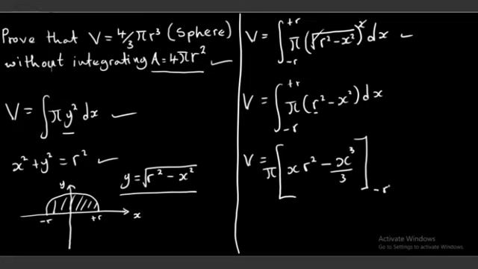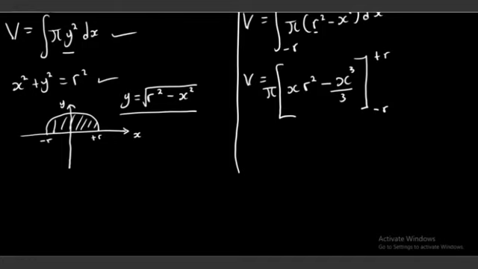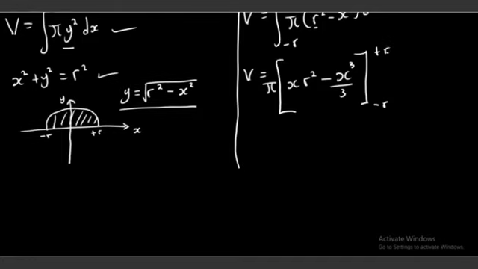So we are done with our integration, and what we need to do now is just to substitute the boundaries. That is, wherever you see x, you put r and minus r respectively.